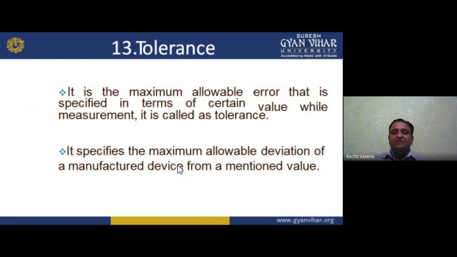It specifies the maximum allowable deviation of the manufactured device from a mentioned value. For example, if a device is specified to tolerate up to 50 degrees centigrade, but you are using it at 65 degrees centigrade, then the 50 to 65 degree difference is the deviation. I hope you understand.